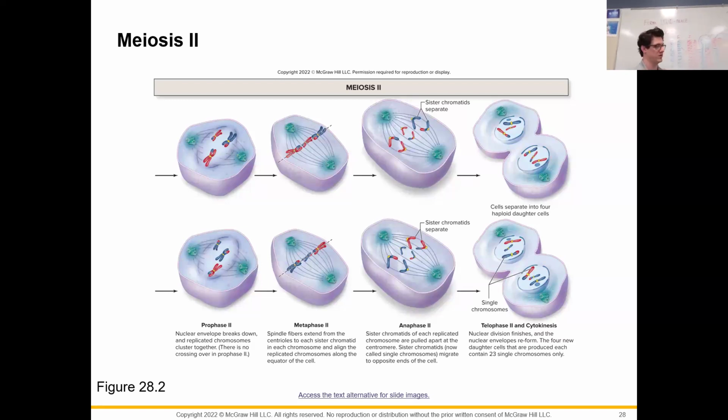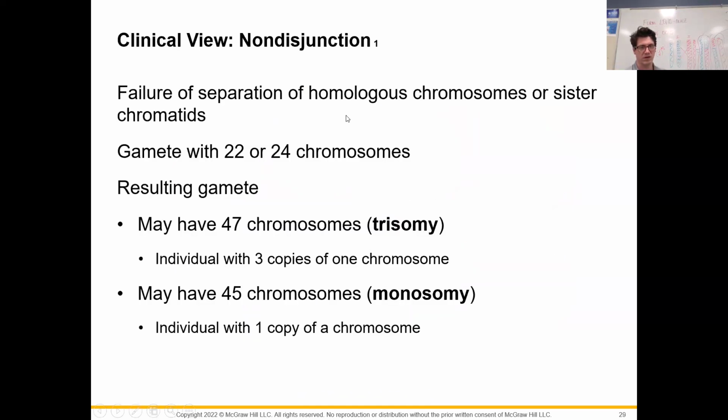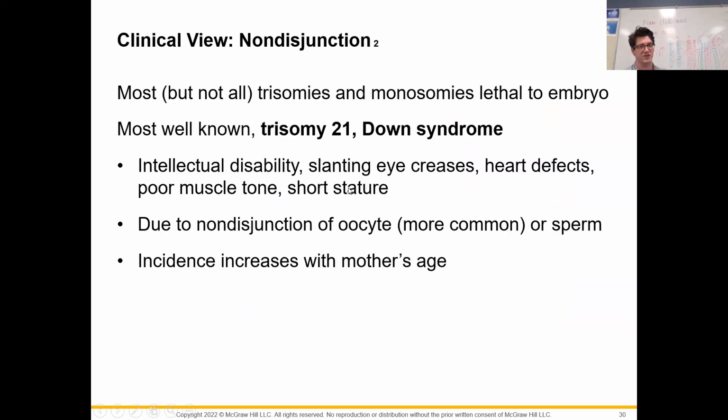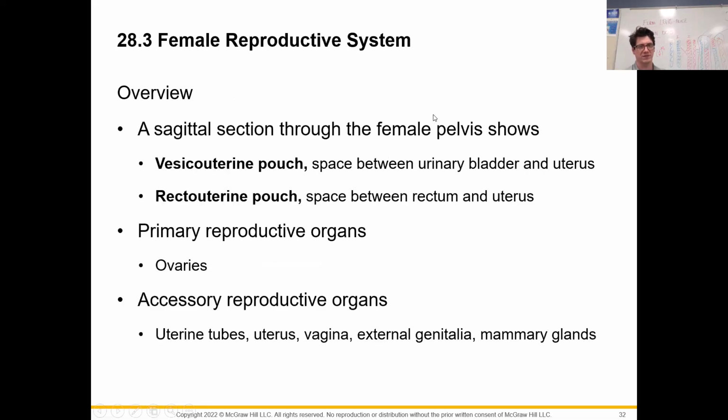Sometimes they will pass away before that, or will be reabsorbed well before that. And this problem is what we would call non-disjunction. These can be catastrophic in some cases. So most, but not all, trisomies and monosomies are lethal. Okay, so that is how meiosis is going to work.